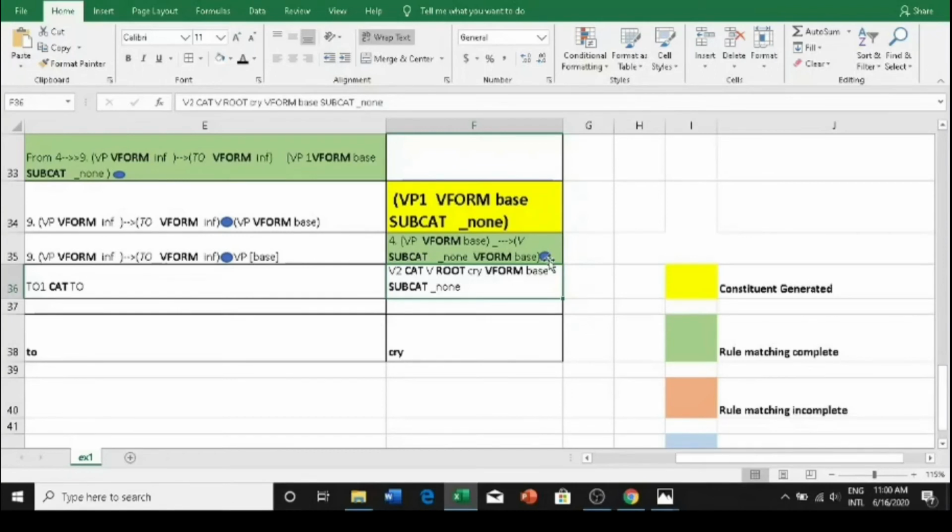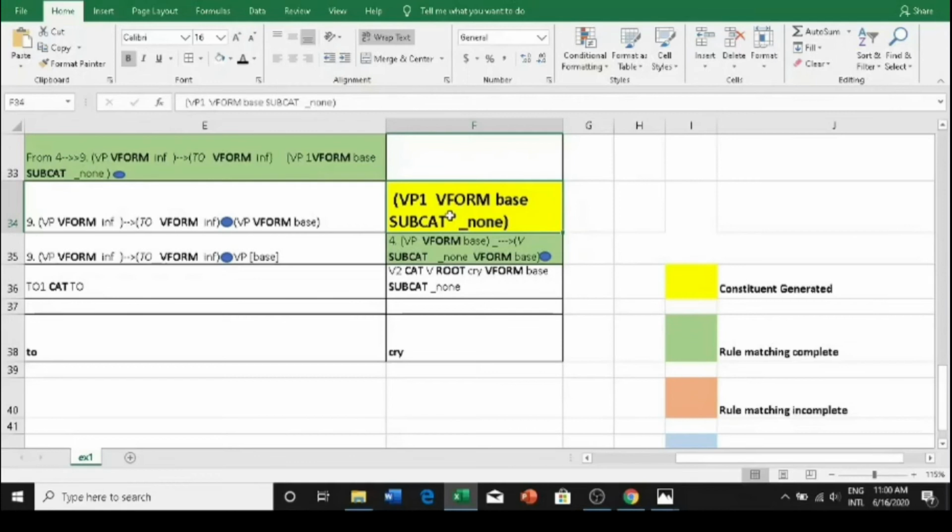And this rule has only one entity on the right side, so the match with this v actually terminates this rule. So a constituent is generated from this rule, which happens to be the left hand side of this rule, right?